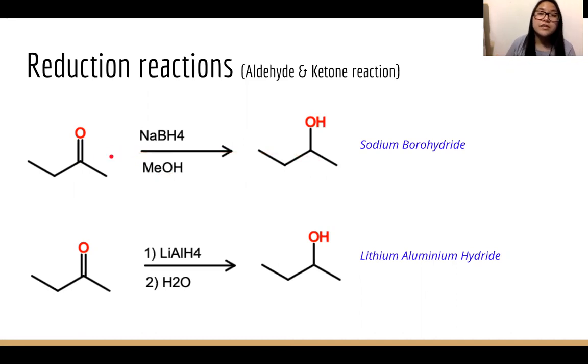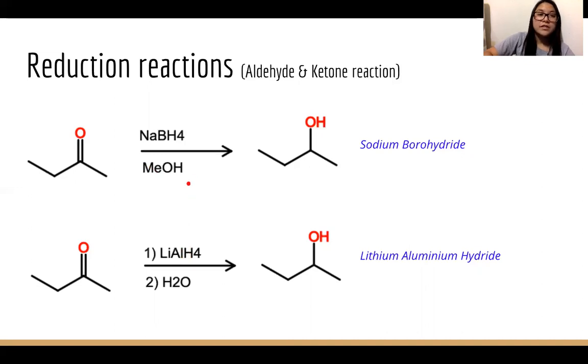So the two reducing agents that we know are sodium borohydride and lithium aluminum hydride. They do the same thing. They reduce the carbonyl down to the alcohol, but the only difference is that lithium aluminum hydride is much stronger than the sodium borohydride.